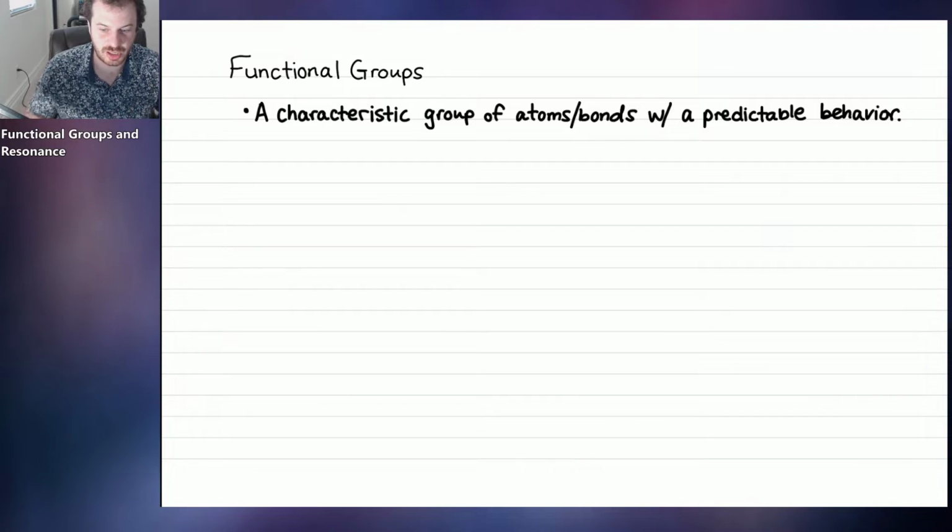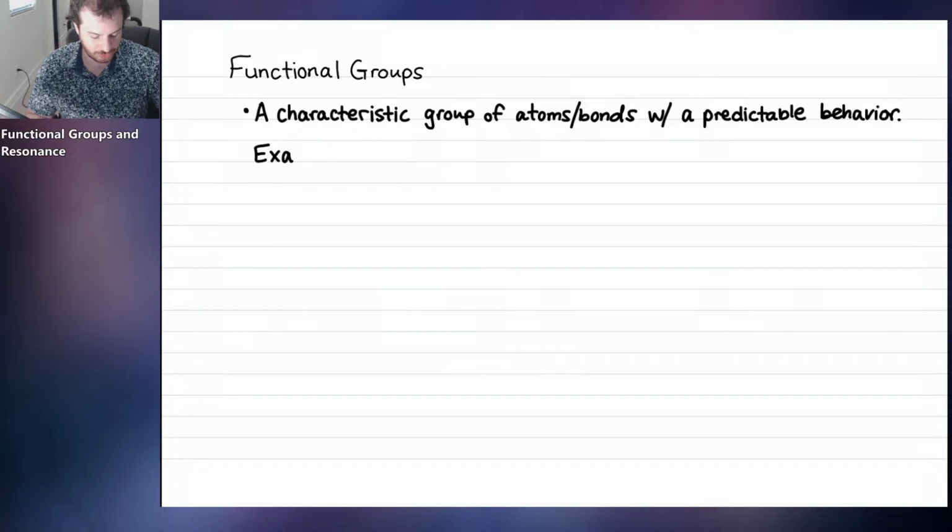And I'm actually going to upload a list of functional groups that you should know, but I'll list them out here as well. So let's take a look at some examples of functional groups and their names.